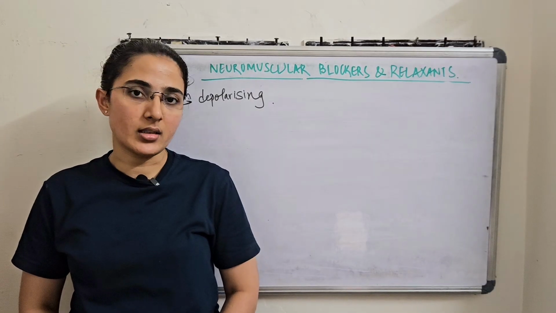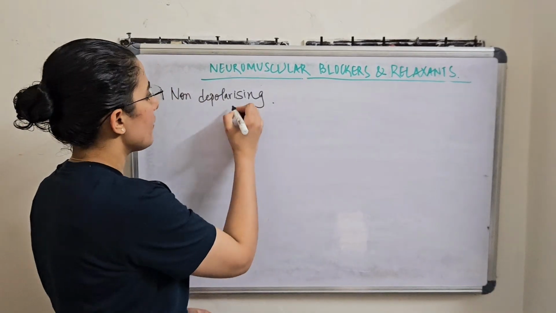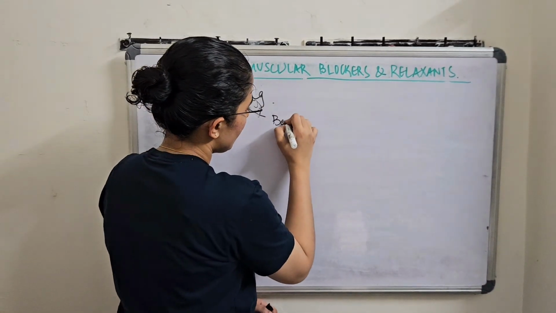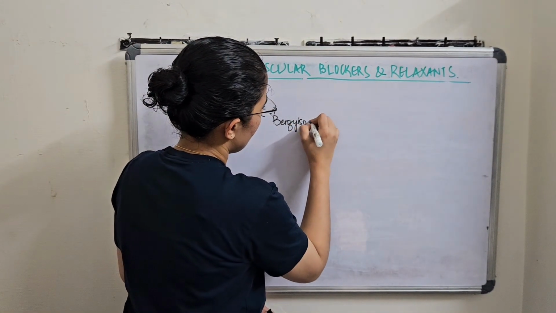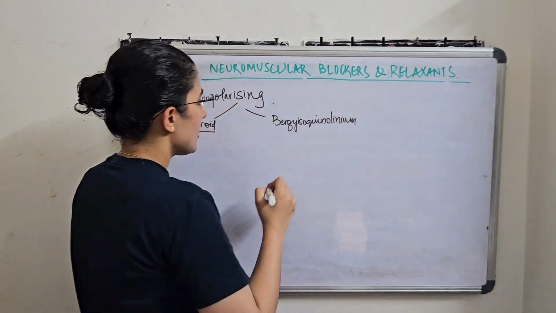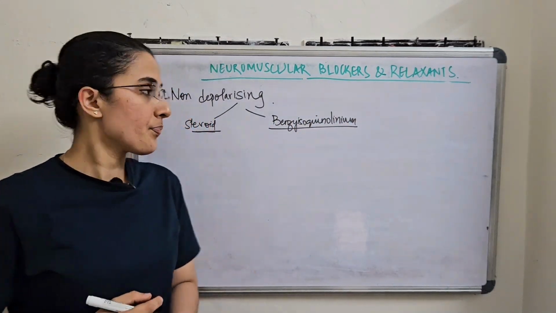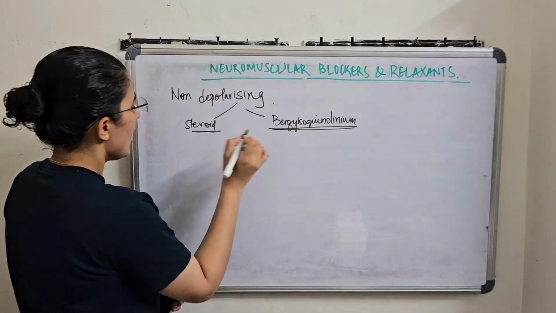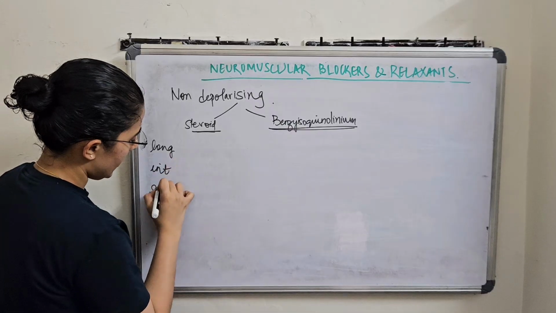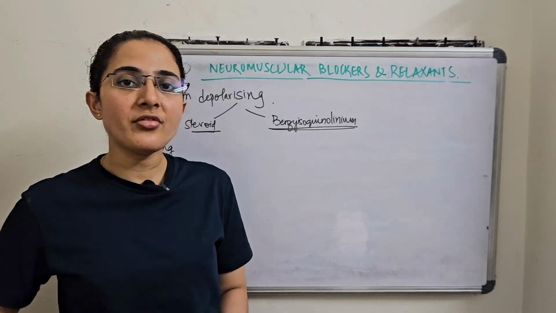Non-depolarizing muscle relaxants can be briefly classified into 2 types: the steroidal type and benzylisoquinoline compounds. Both can be divided into long-acting, intermediate-acting and short-acting non-depolarizing muscle relaxants based on their duration of action.